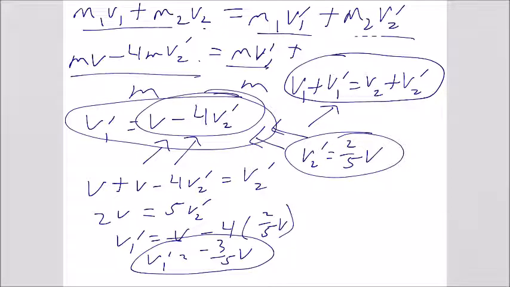So that's one of our answers. That's the velocity of the first object after the collision. Now we also need to know the velocity of the second object after the collision. Well, actually we already got that. We've got that right here. So this is the velocity of the first object after the collision, and 2/5 times v is the velocity of the second object after the collision.